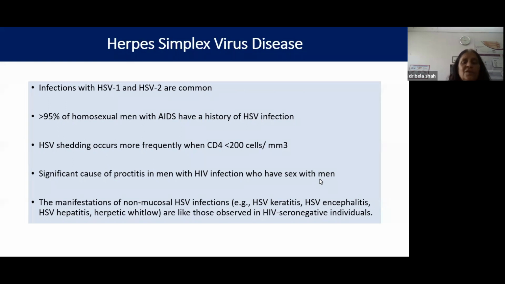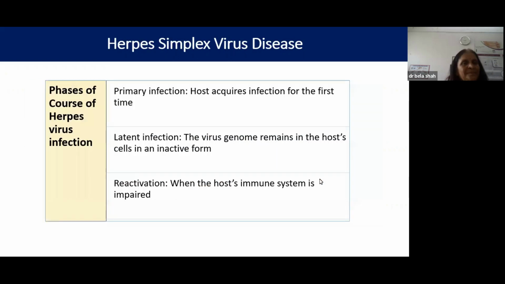The patients can also have herpetic keratitis, encephalitis, hepatitis, and herpetic whitlow. That means paronychia. So this can be also observed in patients who are seropositive as well as seronegative. So we have to remember there are various phases of herpes infection.